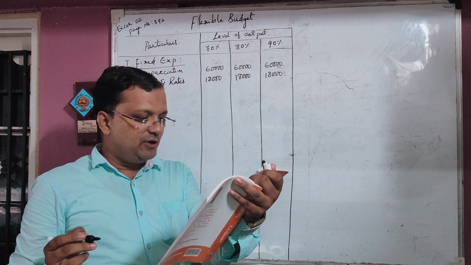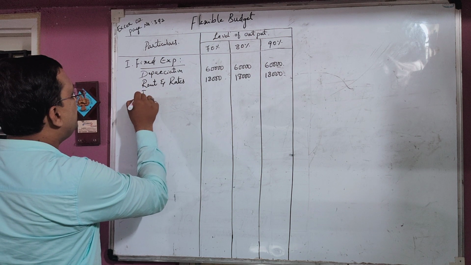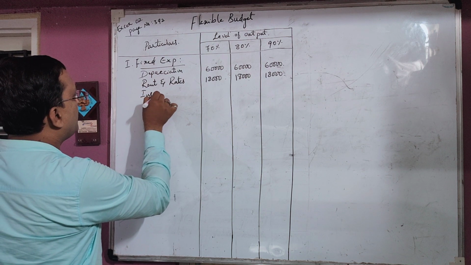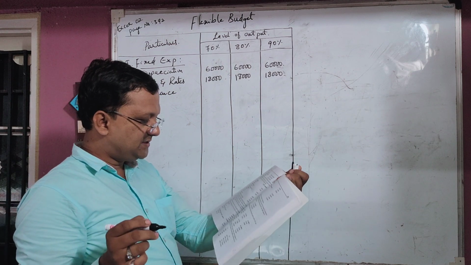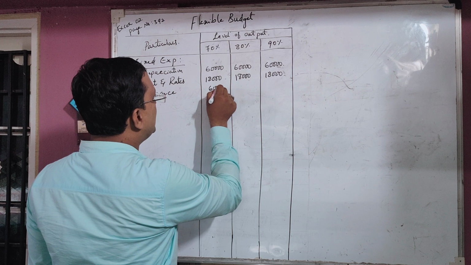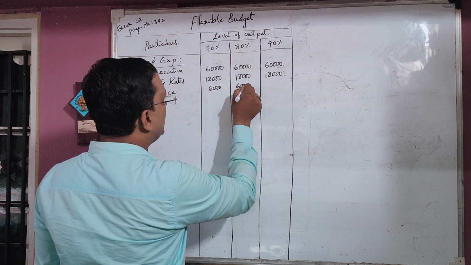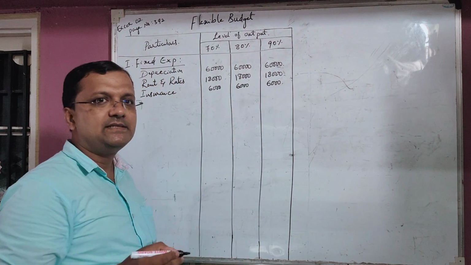Then insurance, 6,000 they have given. This is also fixed expenditure. Insurance 6,000, here also 6,000, last also 6,000.